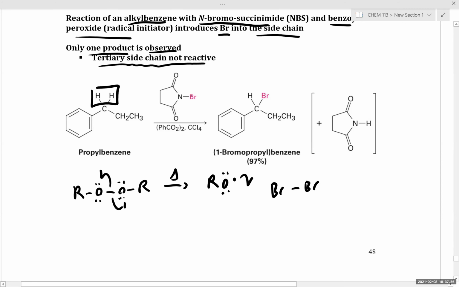In this case, the N-bromosuccinimide is used as a source and as an equivalent of a trace amount of bromine. And in turn, as you react your radical initiator with bromine, you'll be able to generate an equivalent of bromine radical.